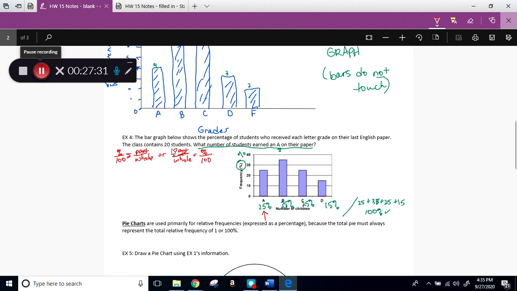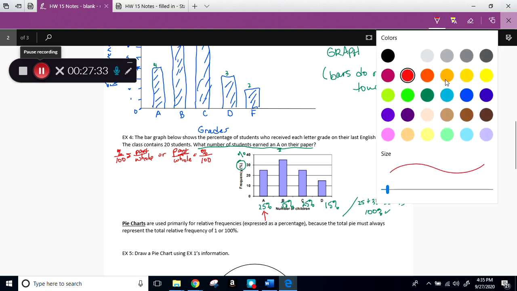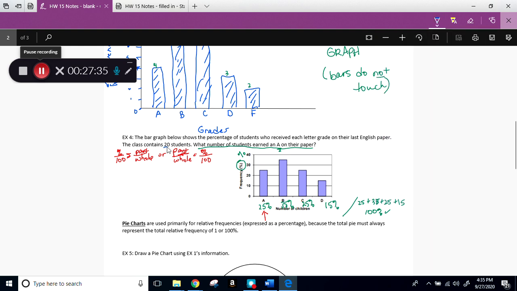Now in the problem it says something about 20 students right here. The class contains 20 students. Is that part of the class or the whole class? Isn't that the whole class? That's everybody.